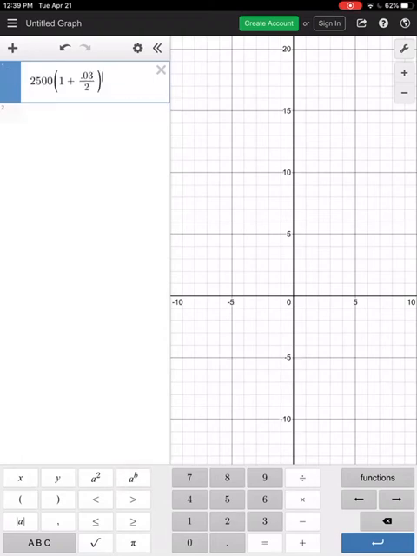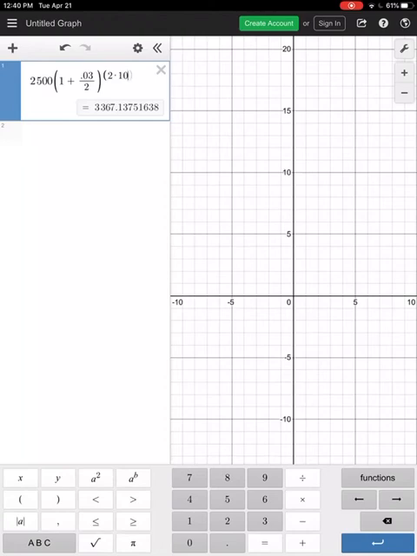Come out here on the outside, the exponent is going to be 2 times 10. We might have to put that in parentheses. So exponent, parentheses, 2 times 10, or just change it to 20. So 2 times 10, or just 20.